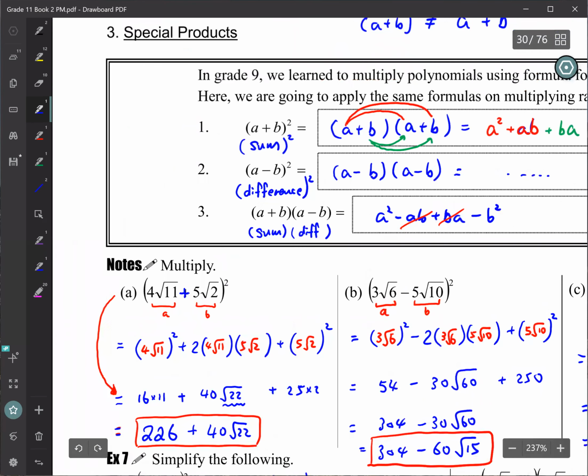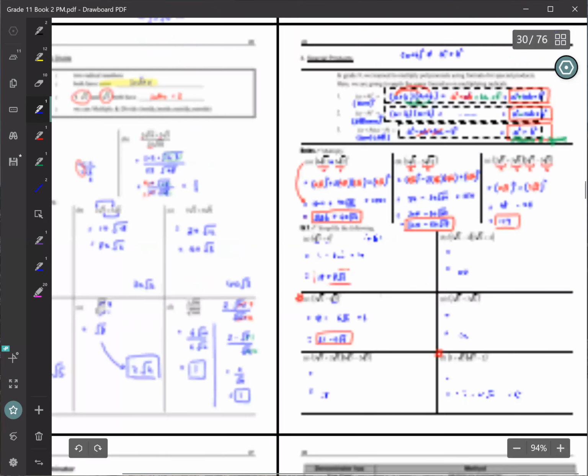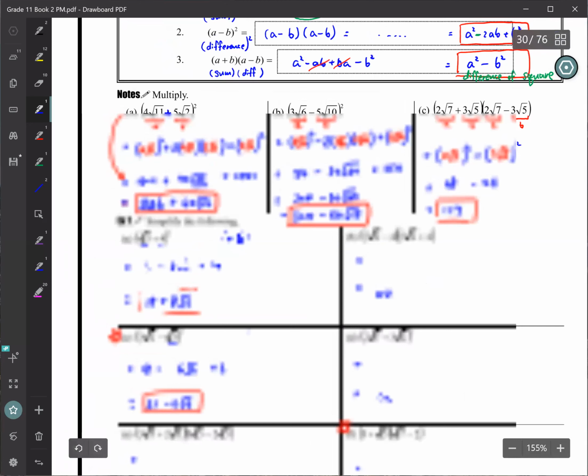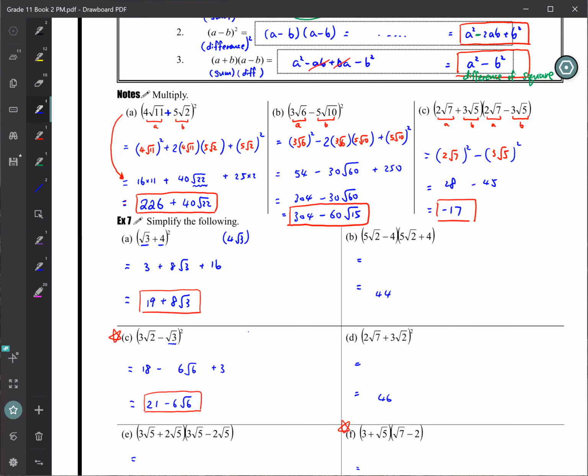Well, you look at the 1, 2, 3. The first one is bracket square. The second one is also bracket square. The third one is... Third one, right? Okay, can you say out the formula then? It's a plus b bracket a minus b equals a squared minus b squared.